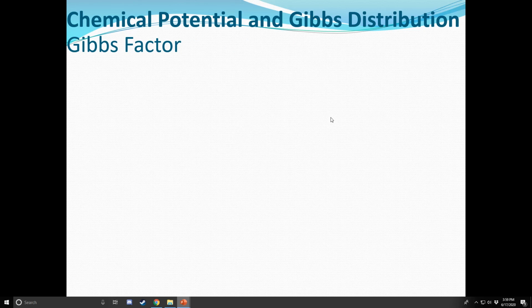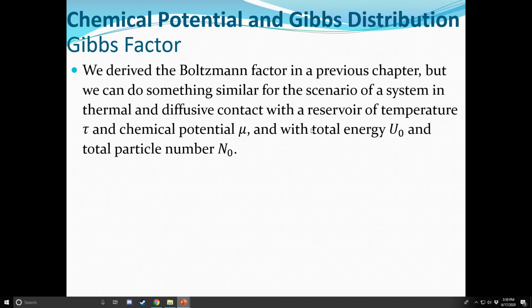All right. I guess I could start the Gibbs factor and then we'll continue on with some practice in the next part. But the Gibbs factor is actually very similar to what we did with the Boltzmann factor. But now we're opening up our definition.